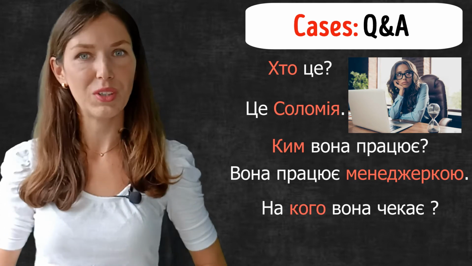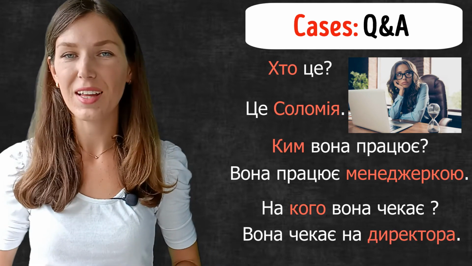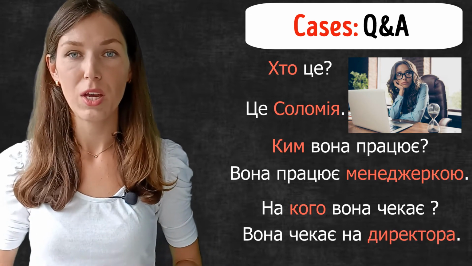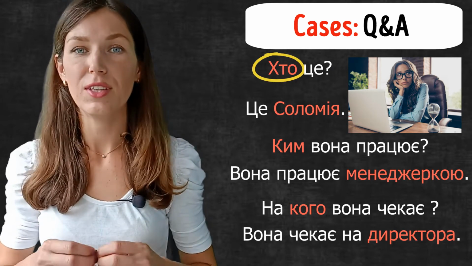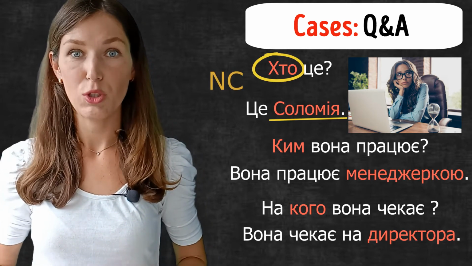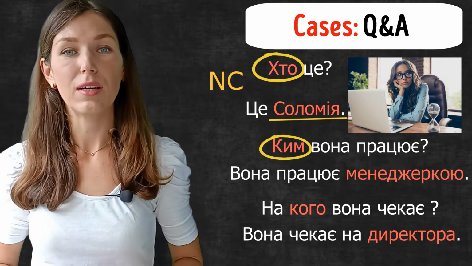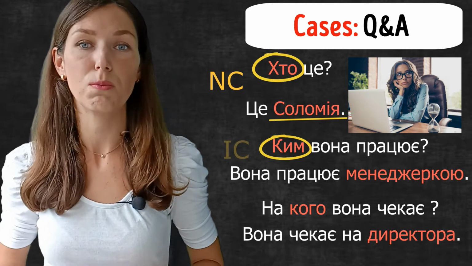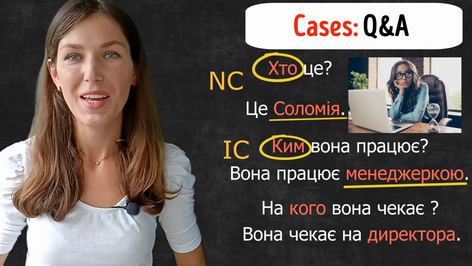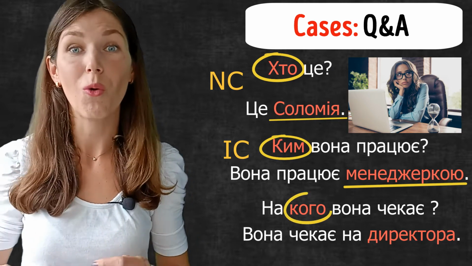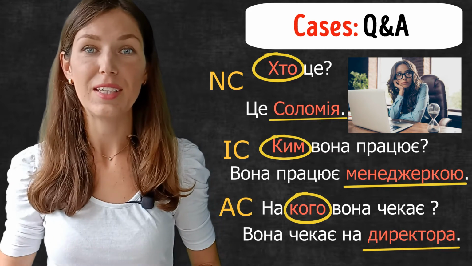На кого вона чекає? Вона чекає на директора. So the question хто helps you to understand that this is the nominative case: Соломія. The question ким tells you that it's instrumental: менеджеркою. На кого? Кого? That's the accusative one: на директора.